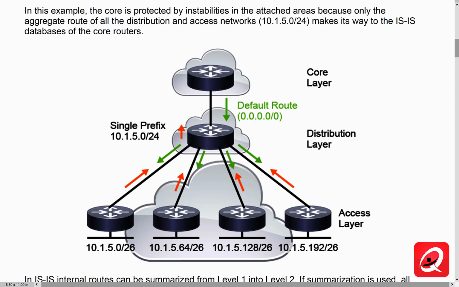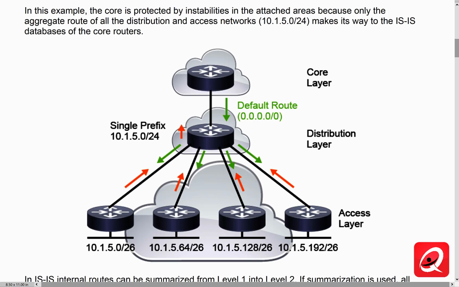You can see we've got a bunch of /26 prefixes, blocks of 64, and we're summarizing those up to a single prefix. So we would assume that the access layer routers are level 1 and the distribution router is level 2, because that's the only way that this could happen. And that's what we're doing in this case, because we're summarizing from level 1 into level 2.